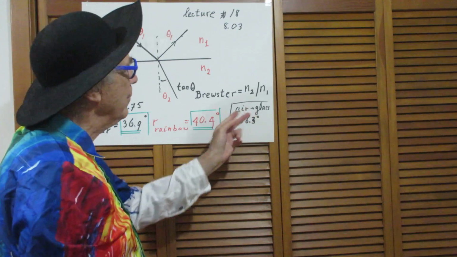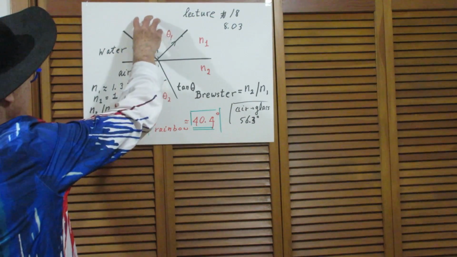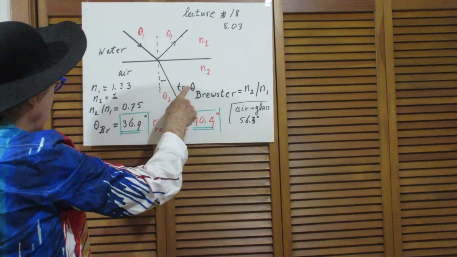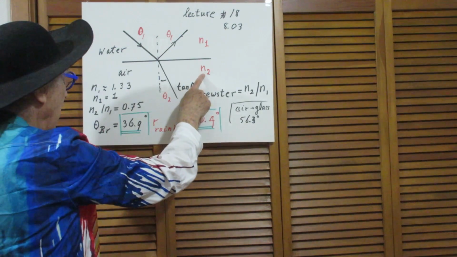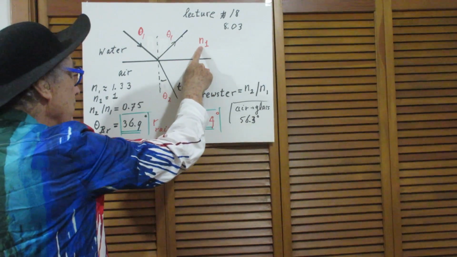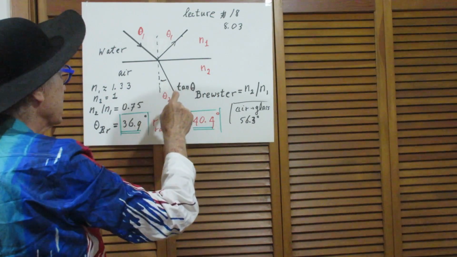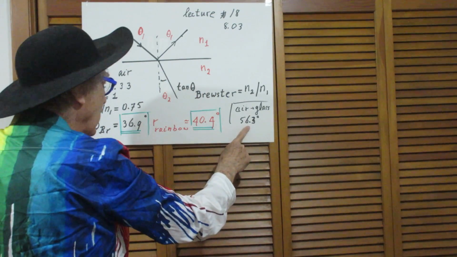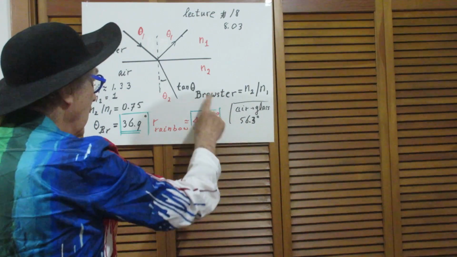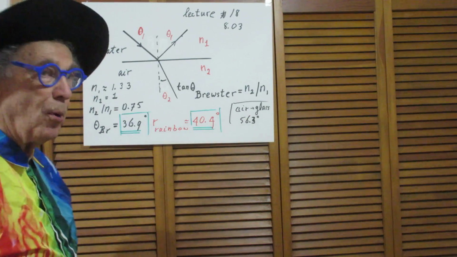And we call that angle then the Brewster angle. I do some stunning demonstrations where light goes from air to glass. This is air, this is glass. Index of refraction n2 would be 1.5. Air would be 1. And when the light reflects off glass at that angle, 56.3 degrees, which is the Brewster angle, then the reflected light off glass is 100% linearly polarized.